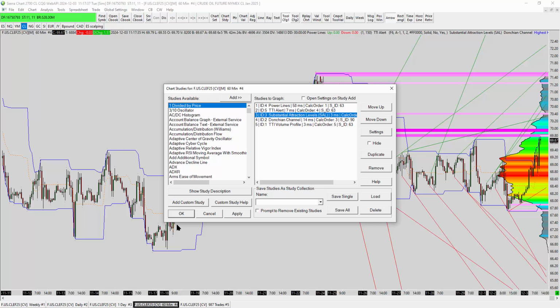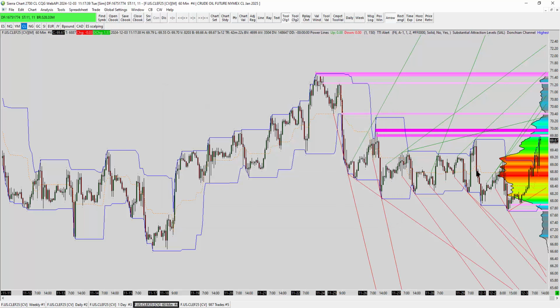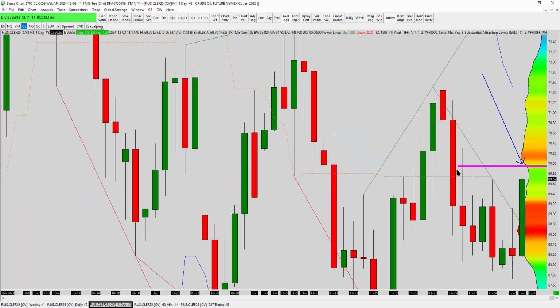Now the lighter colors refer to less volume amongst the biggest 10. So if I mark the biggest one here as a line, I'm expecting the price to come to it before the crude decides something. As you see, I marked it.